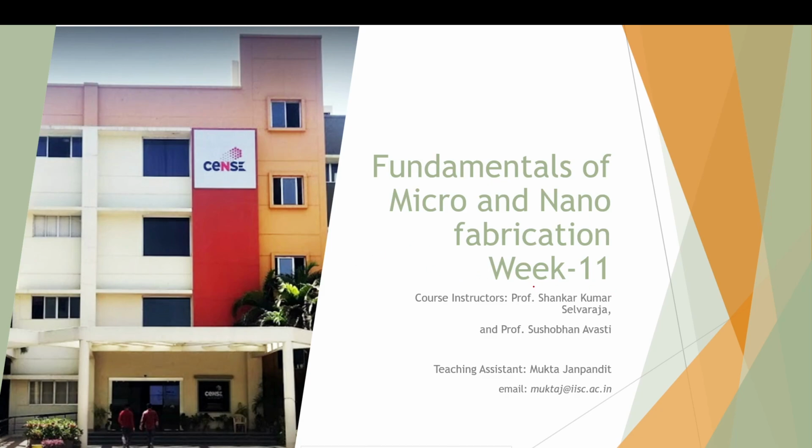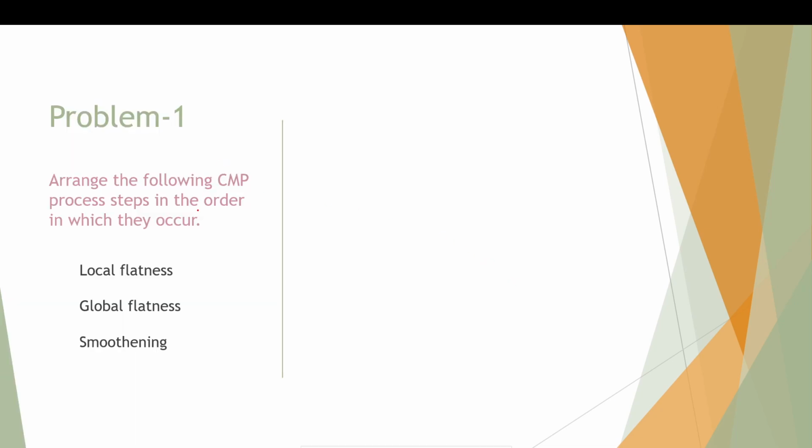So this is week 11, and in week 11 we will be discussing CMP and design for manufacturability. The first problem is: arrange the following CMP process steps in the order in which they occur.